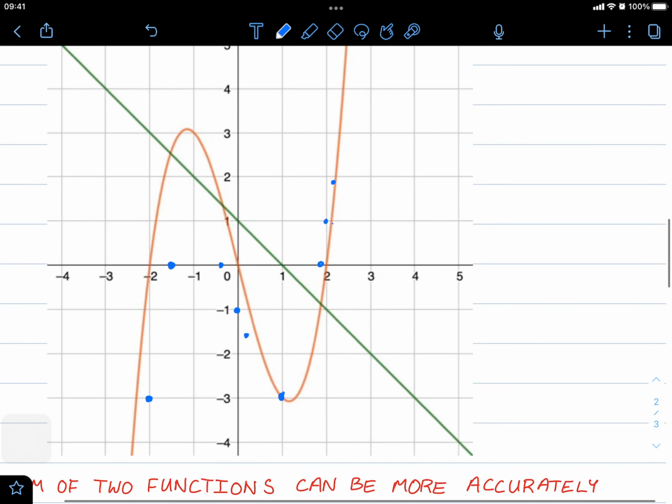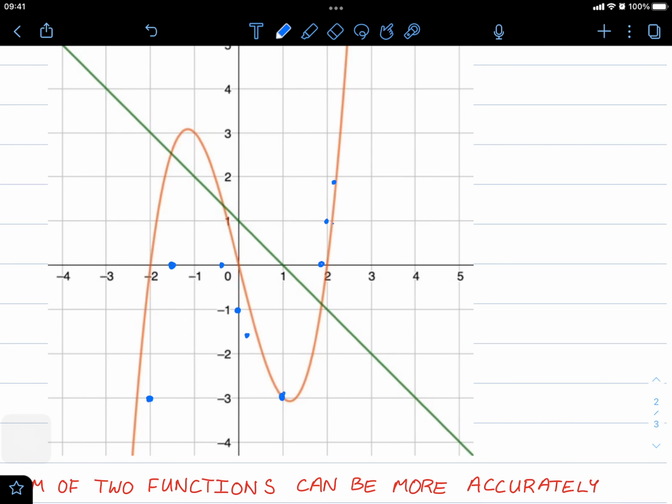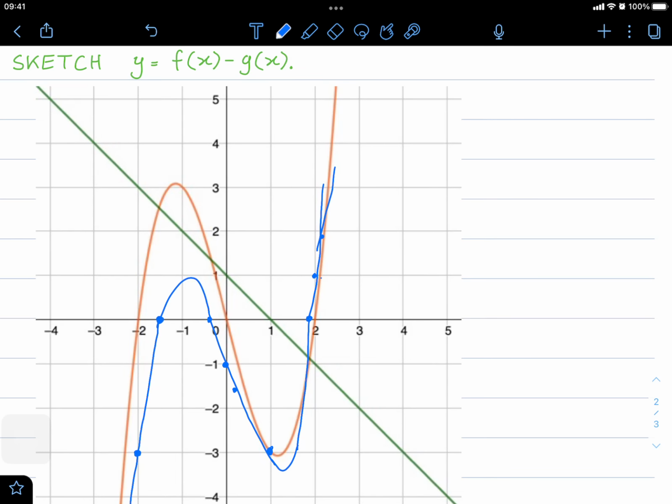And using those points, we can graph our function. Looks to be something. Oh, let's try again. Oh, no, it goes a little bit further down. Like so. Oh, very rough sketch here.